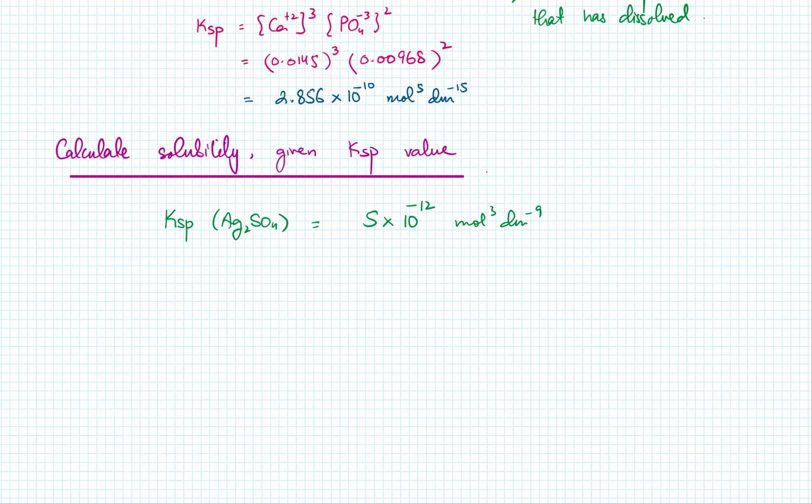So they've given me this. Now I have to figure out what the solubility is. So I'm going to write down the reaction, which is Ag2SO4 solid. It's in equilibrium with its ions in saturated conditions. So it's going to produce two Ag+ ions and one sulfate ion, aqueous.